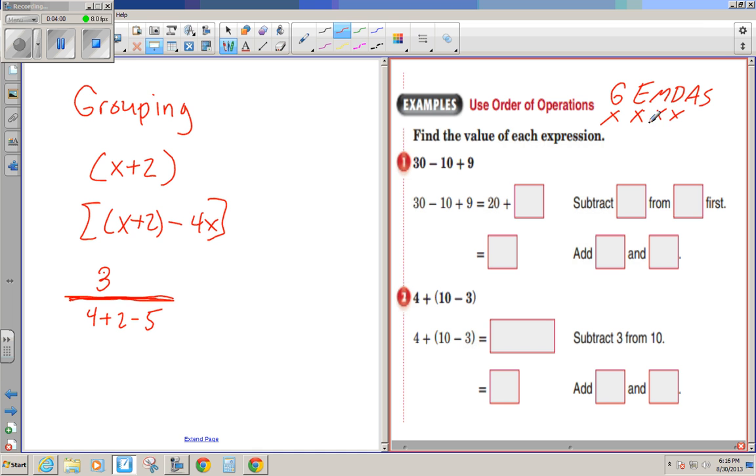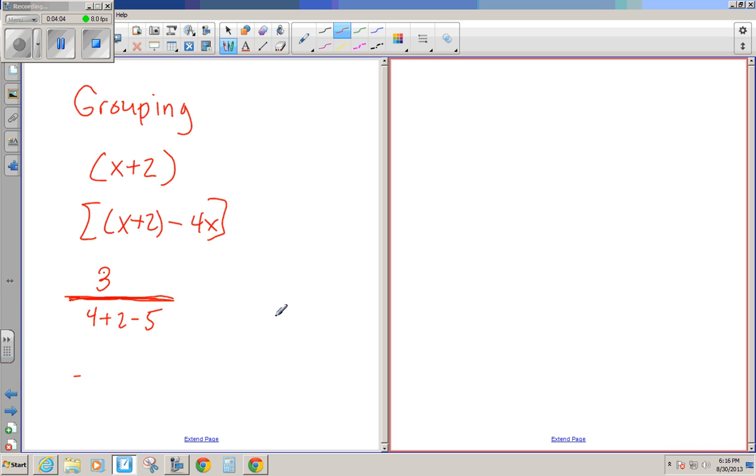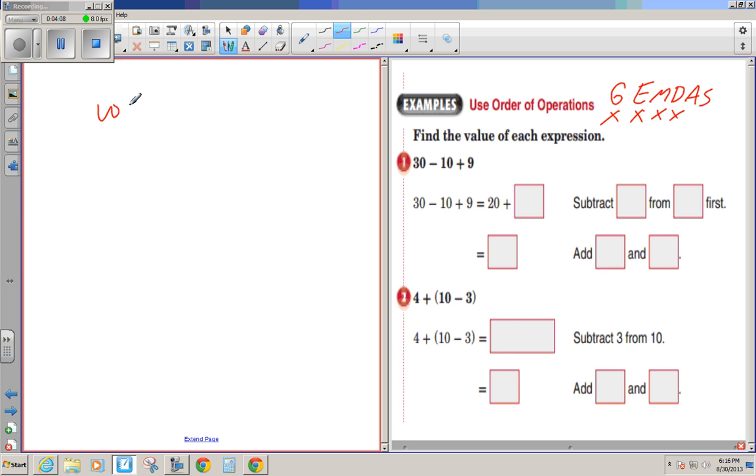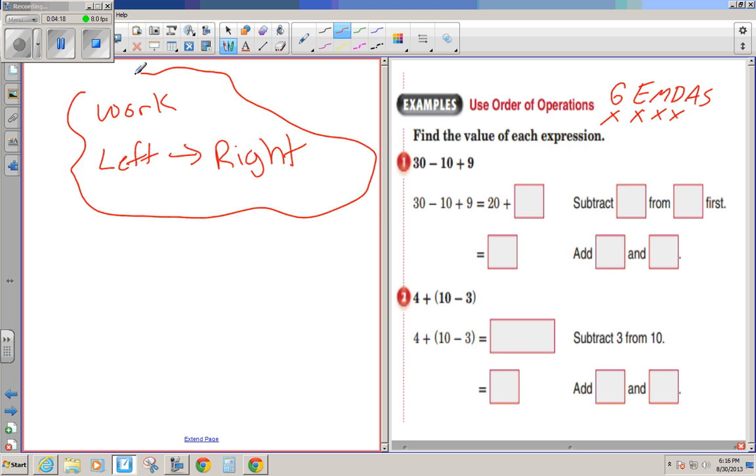Now, the important thing to keep in mind here is order of operations always works from the left to the right. You're going to want to add this into your notes somewhere to help you remember that you work from left to right for the MD and AS.